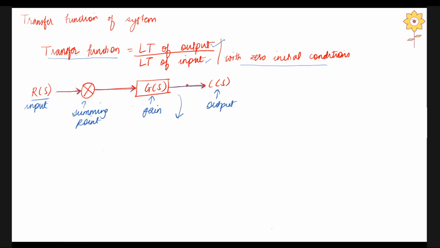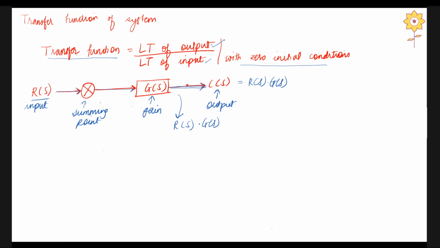It is the product of the input, which is R(S), into the gain of the system, which will finally come out as the output of the system. So, C(S) is going to be R(S) into G(S). So, this is when we have an input which just goes to the gain block and comes out as an output.